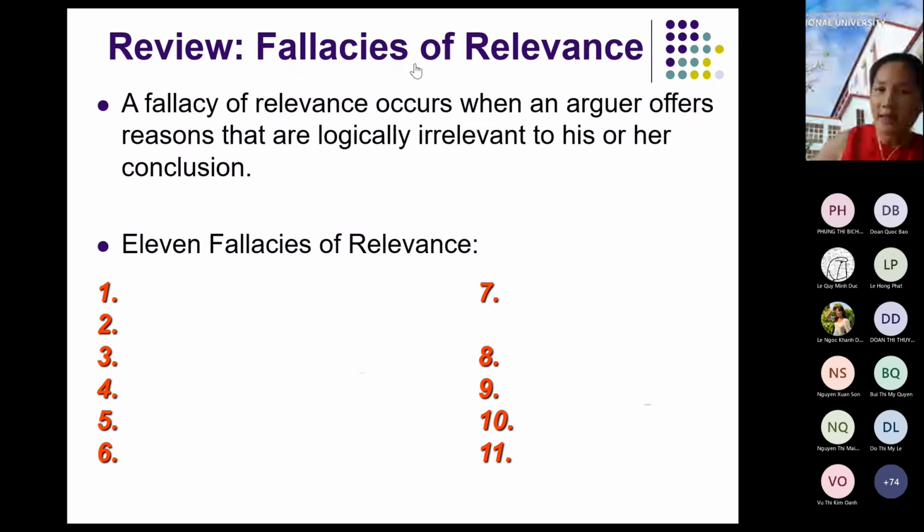Let's volunteer to get the bonus. No one?